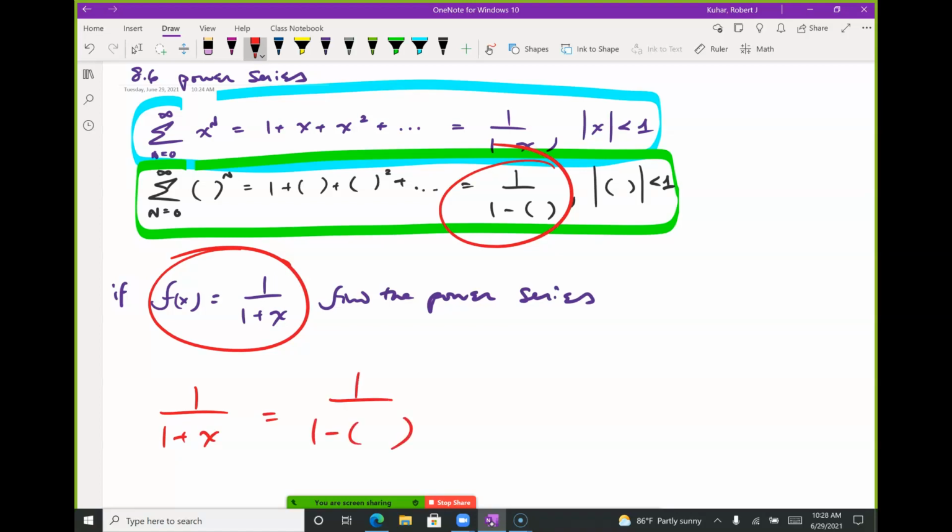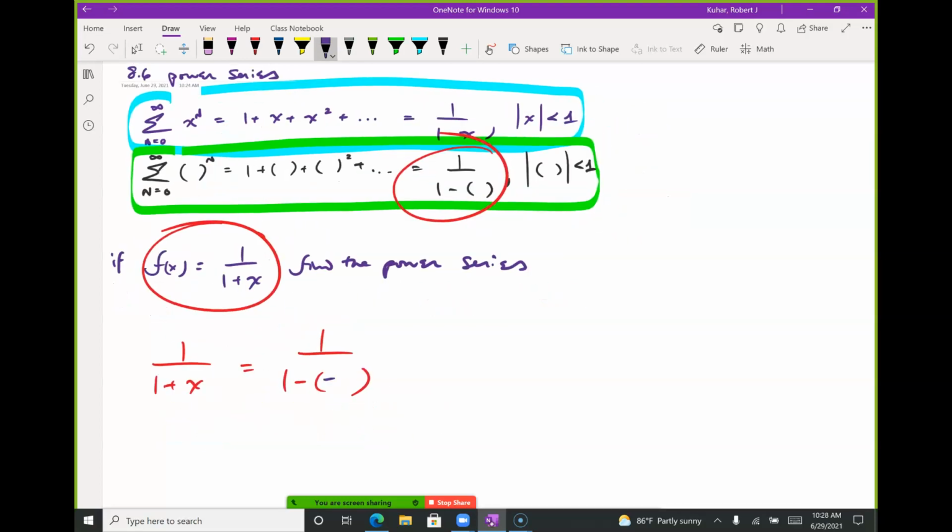And now what do you think I'm putting in there? Negative x. Yes, exactly. And so now you see I have that negative x in the parens everywhere in my model, in that green box above. Everywhere there's an empty paren, I'm putting in the negative x.